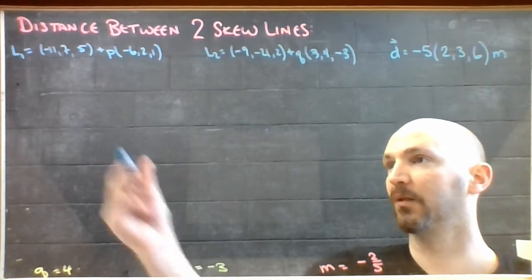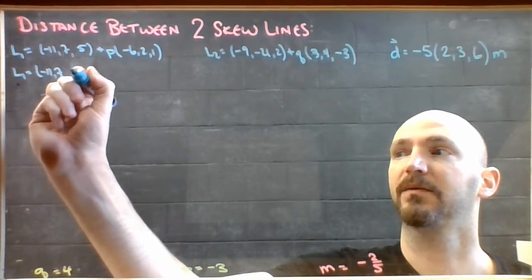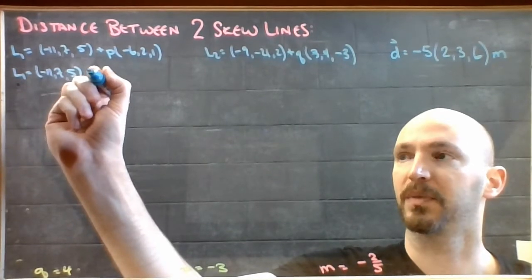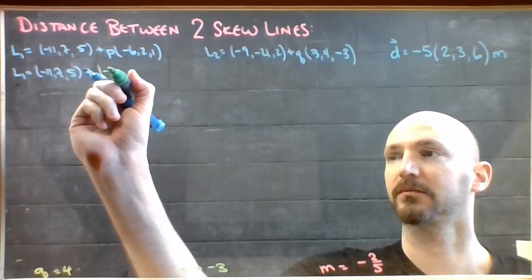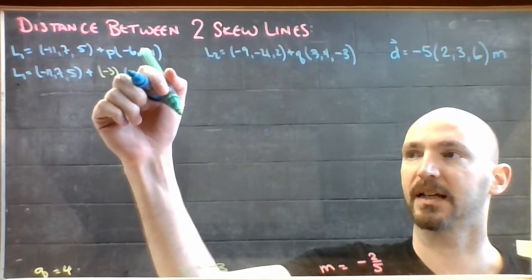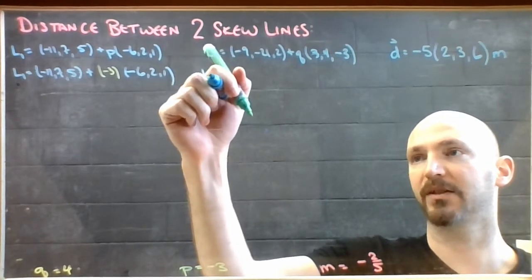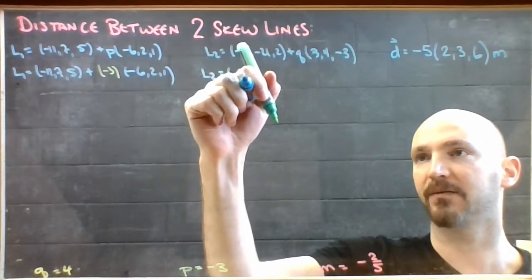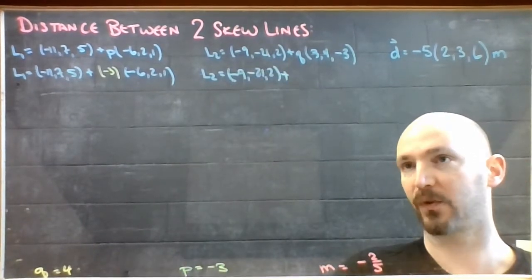So L1 would be -11, 7, 5 plus -3 times -6, 2, 1. And then I'd have L2 is -9, -21, 2, plus q, which is 4.